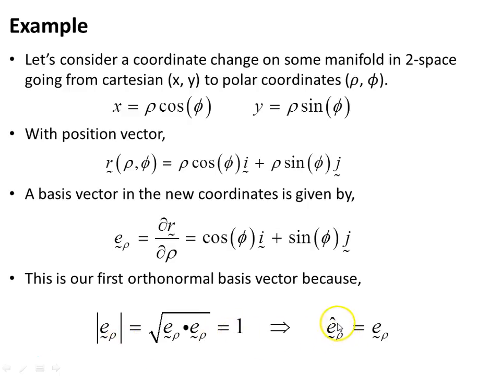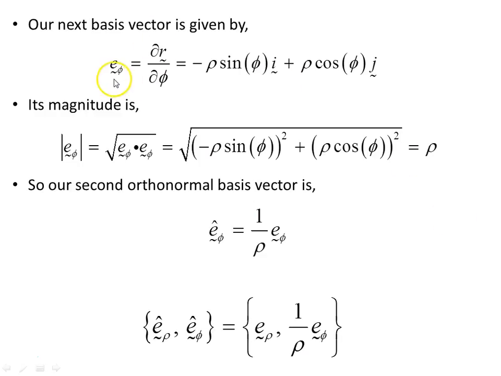So our first newly created orthonormal basis vector, e subscript rho hat, is just e rho. Our next basis vector, e subscript phi, is dr d phi. Differentiate the previous position vector with respect to phi and we get this object here. We take its magnitude, which gives us rho. So the magnitude of this vector is not 1, so it's not a unit vector.